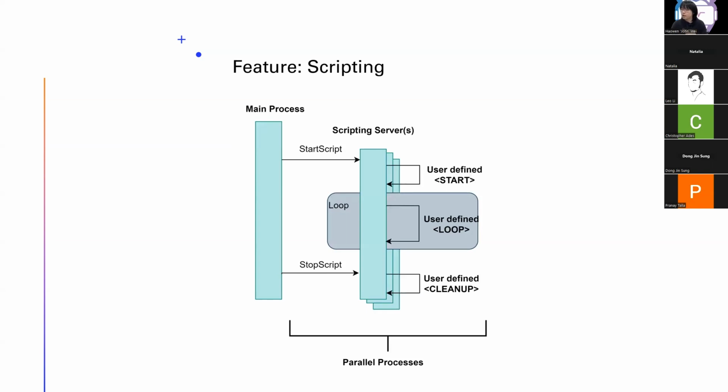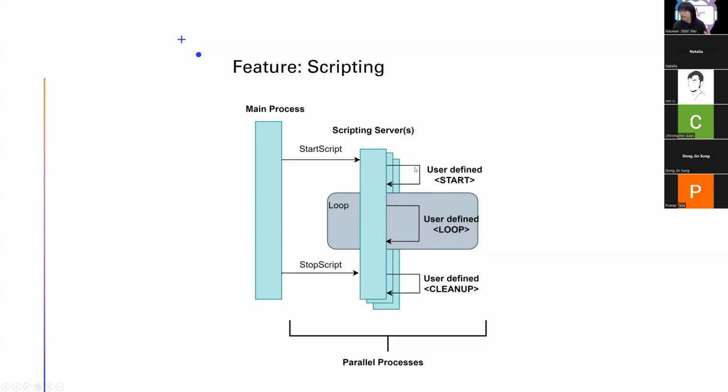So here's a system diagram of the scripting interface. We introduced the main window, which is the main process. It will capture the signal from different data workers, like from different simulated sources. And every time the main worker ticks in the main window, it will forward the data into the scripting server.